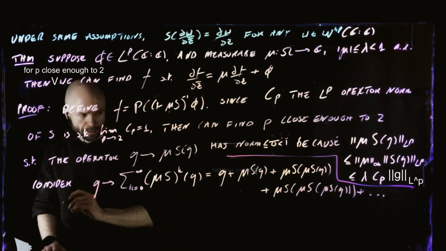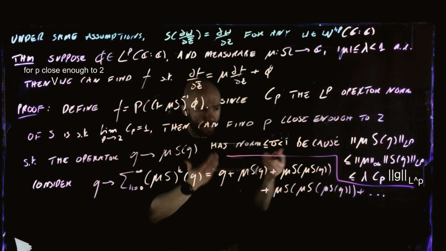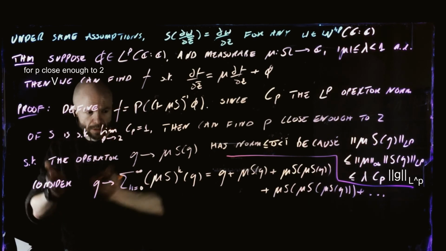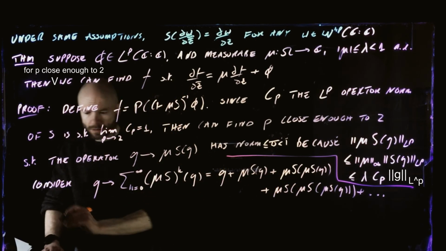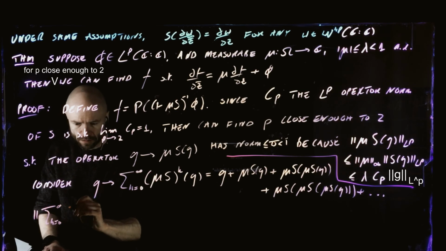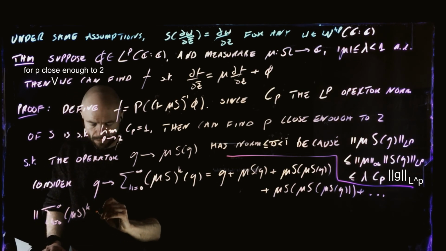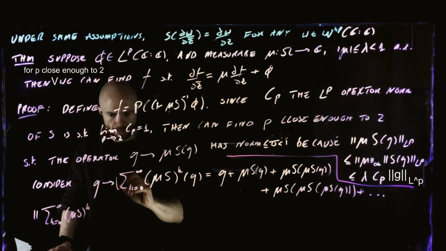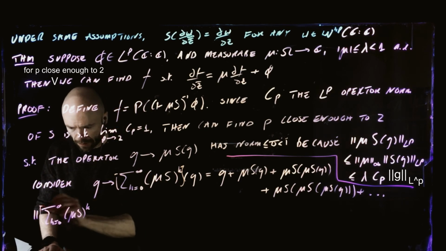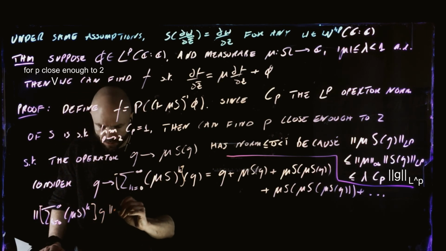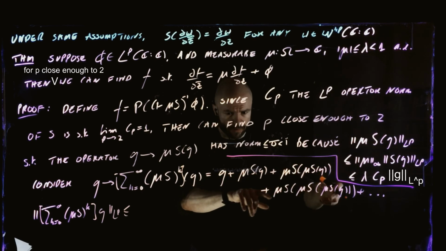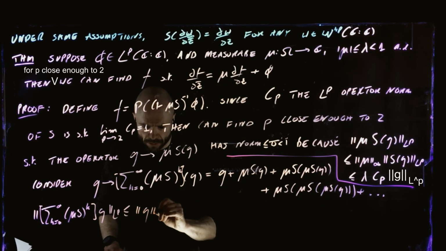And then if we do that, then this thing itself will be a bounded operator, because if we take the operator norm of all this stuff, if we take the LP norm of all this stuff, then this thing, the sum from k equals 0 to infinity, applying this thing over and over again, is going to be less than the LP norm of this thing.